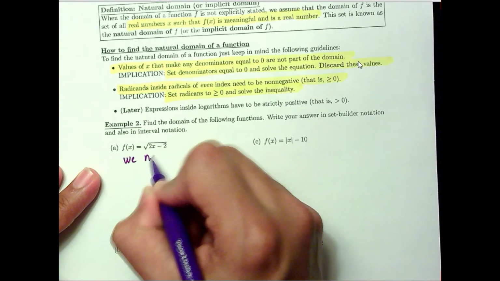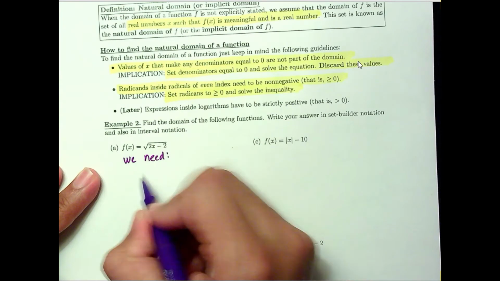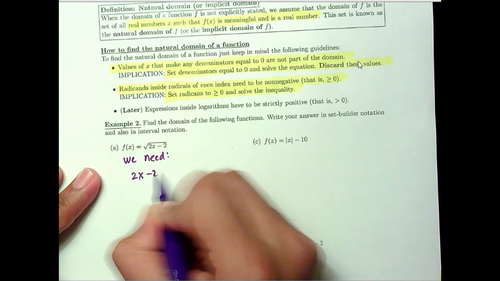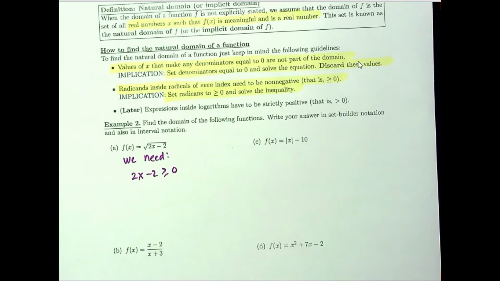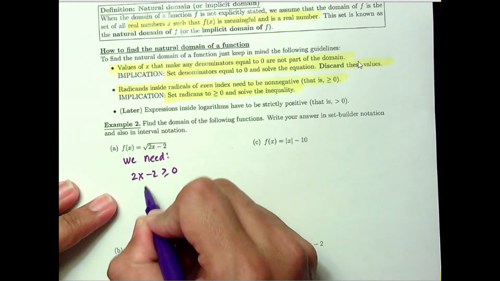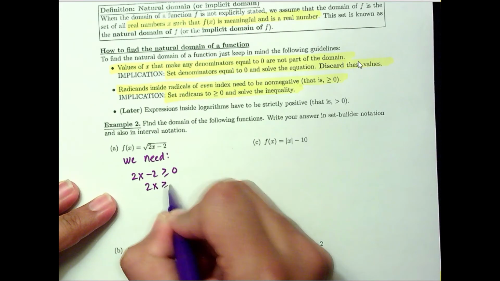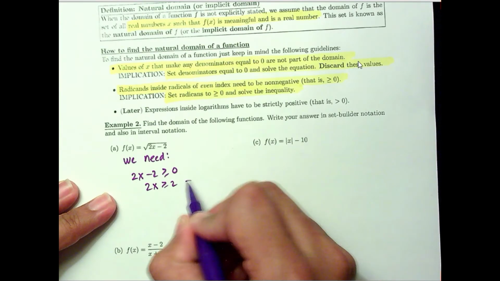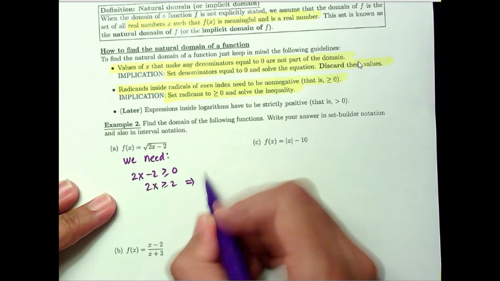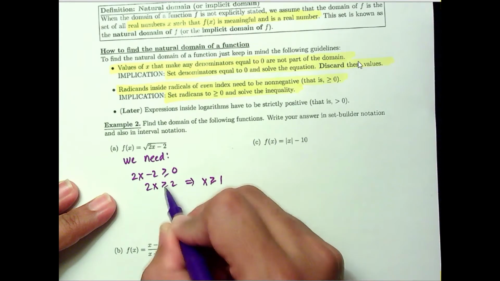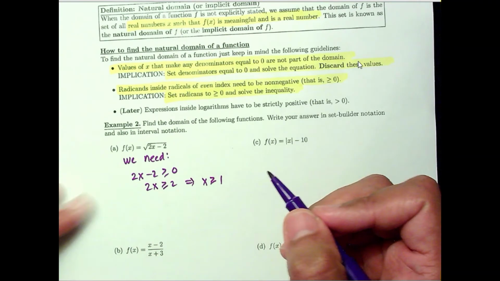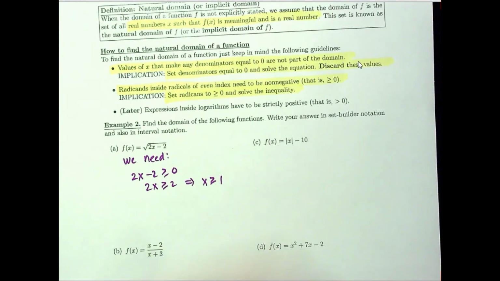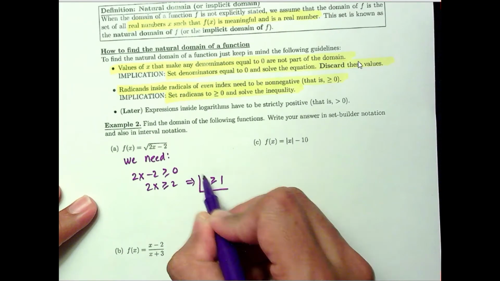So we need that 2x minus 2 is bigger than or equal to 0. Then we solve this: 2x is bigger than or equal to 2, which means, dividing by 2, x is bigger than or equal to 1.